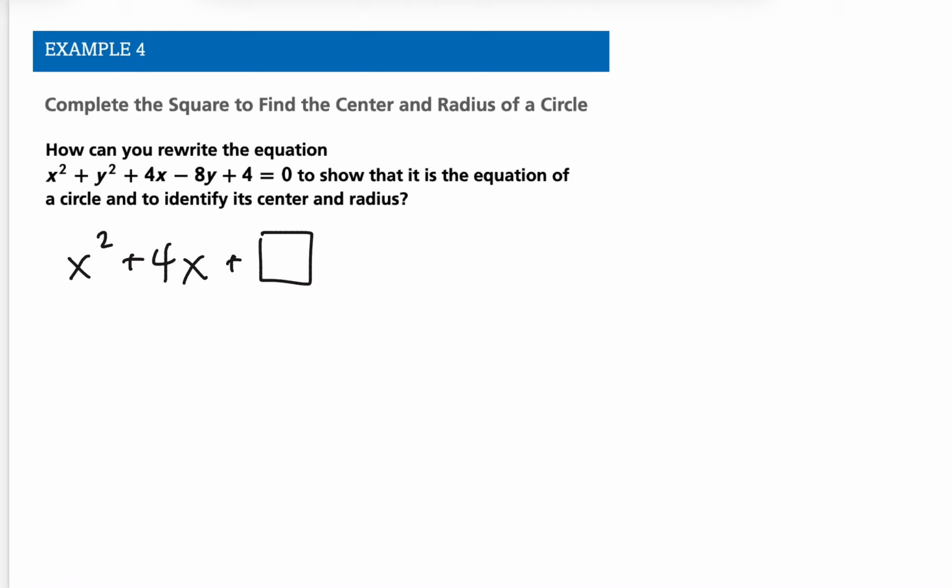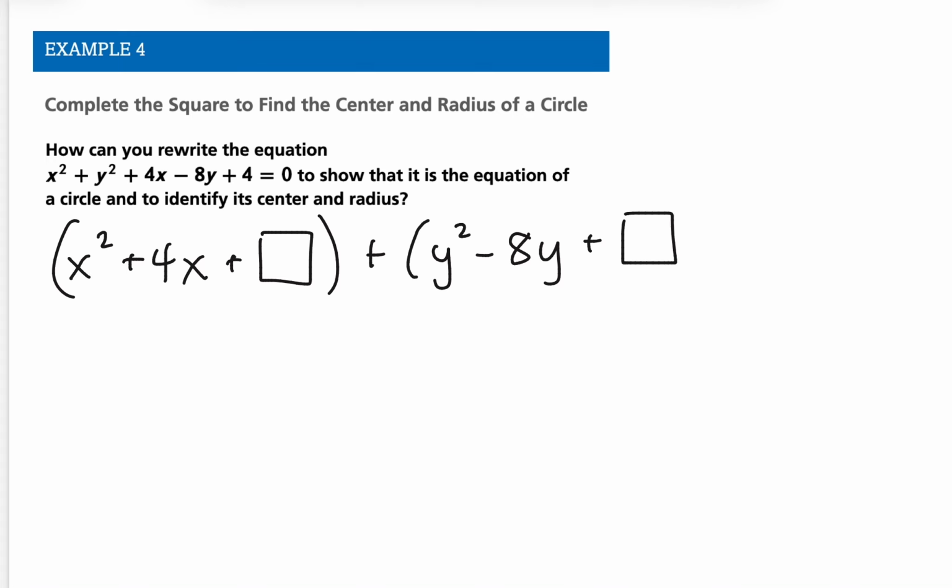I'm going to keep that in one parentheses. And then I'm going to do the same thing with y. So I have y squared, I'm going to bring the other y term with it, and then plus something. And I'm going to move the 4 to the other side. So I'm subtracting 4, which makes it negative 4.